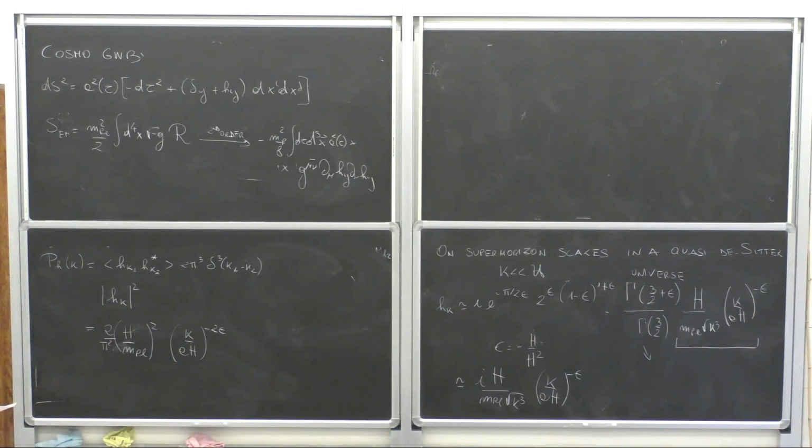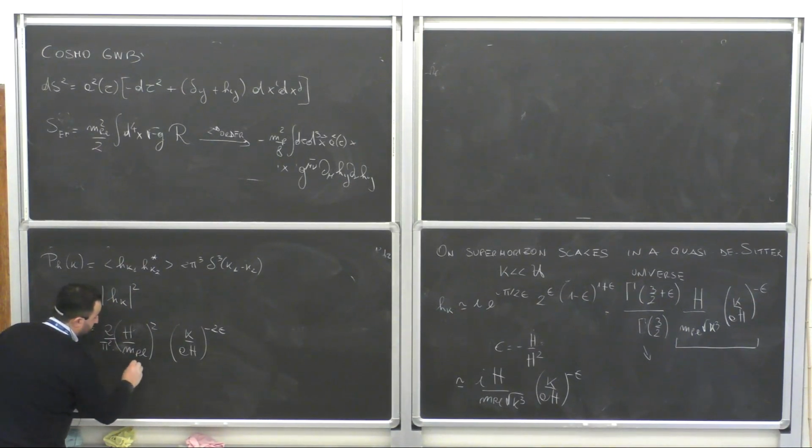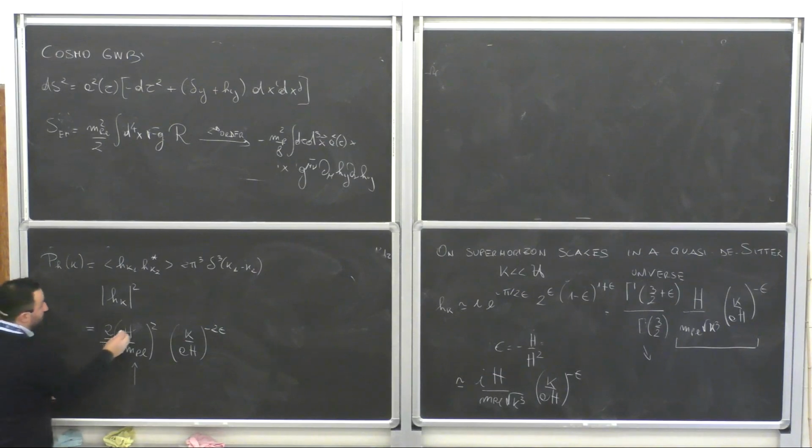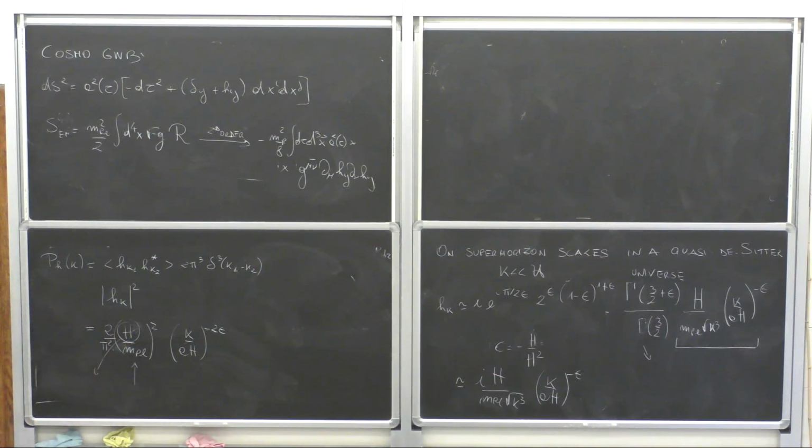If you remember, this is something I told you in the first lecture, why it's important to measure primordial gravitational waves. Essentially, this tells me the energy density at which inflation happens.